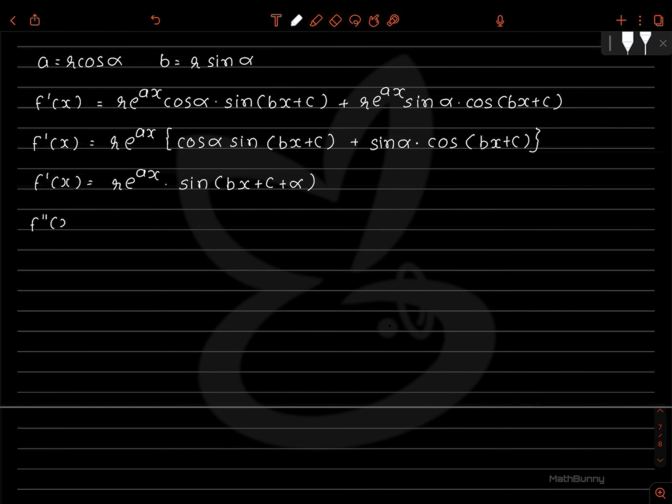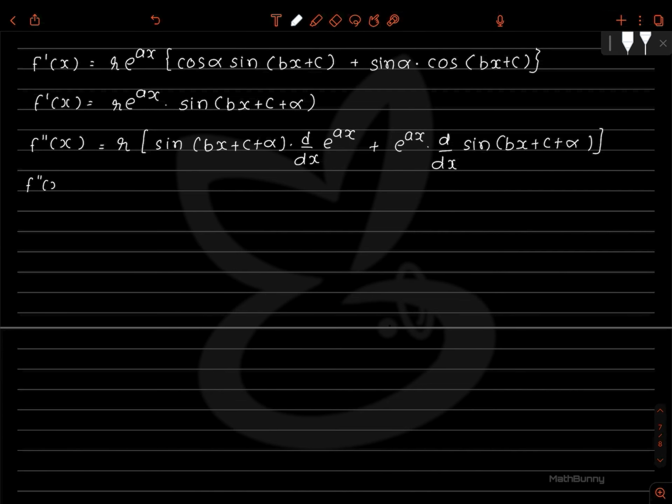F double dash of x would be equal to r into sin bx plus c plus alpha into d by dx of e raised to ax plus e raised to ax into d by dx of sin bx plus c plus alpha.